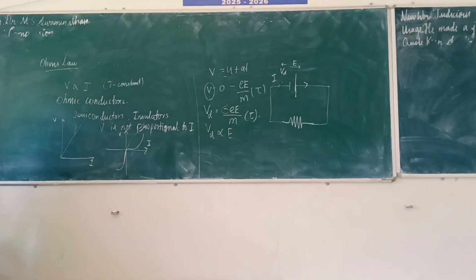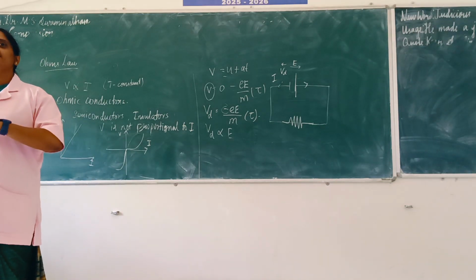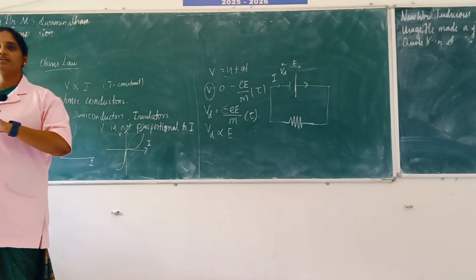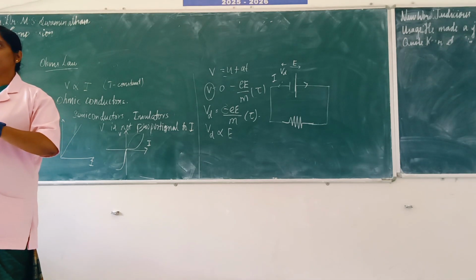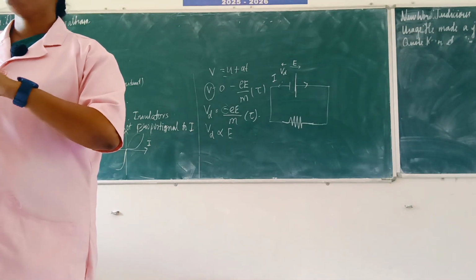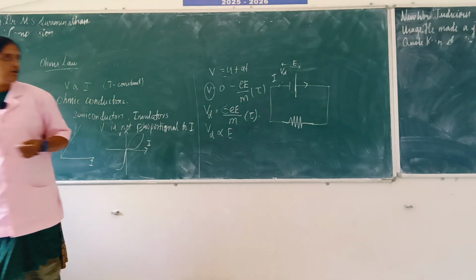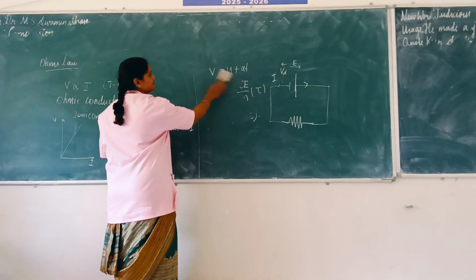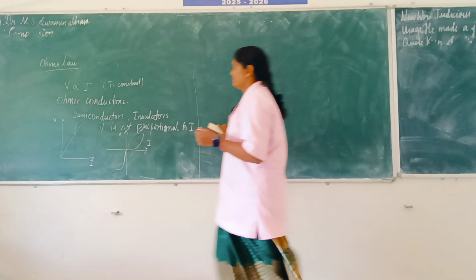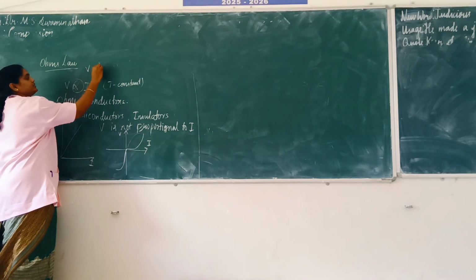So when the temperature differs, the resistance of the material will vary, isn't it? So the resistance of the material not only depends upon the temperature but also upon the type of material, as well as length and area. So R is proportional to... V is equal to IR, right?